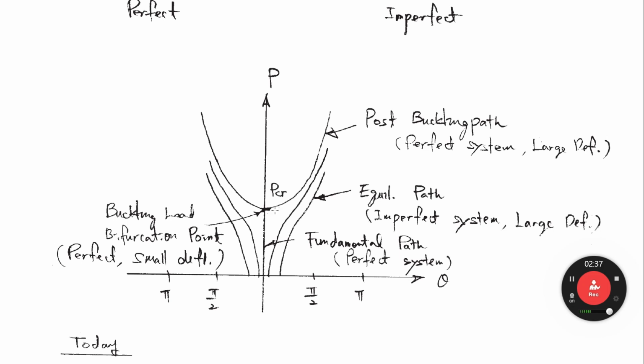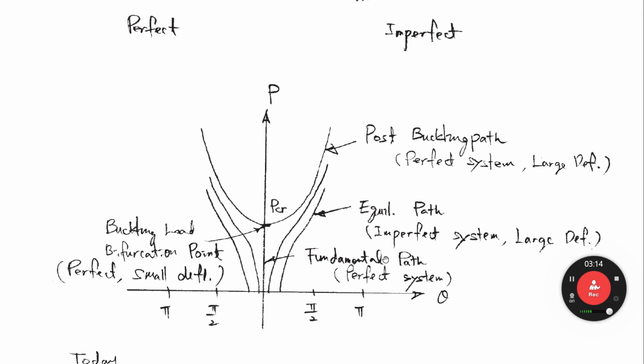In order to get the bifurcation point for buckling load, we assume small diffraction theory in the perfect system. Okay, after a bifurcation point, we can get the post-buckling path in perfect system. In post-buckling path, as you see, we consider the large diffraction area. So large diffraction. Another term is equilibrium path.